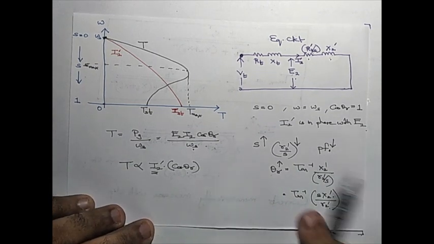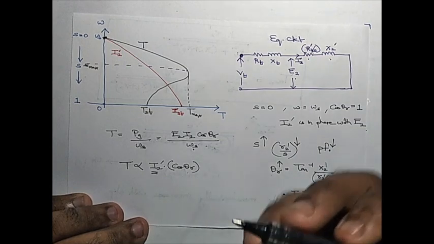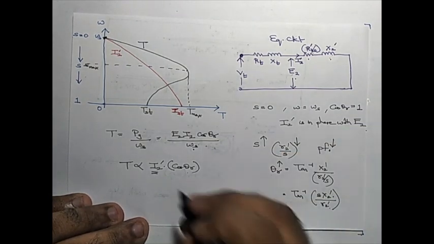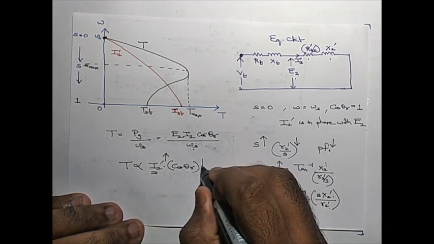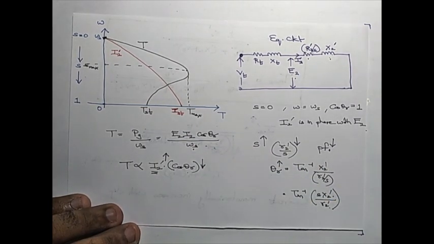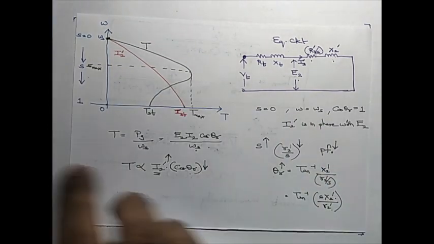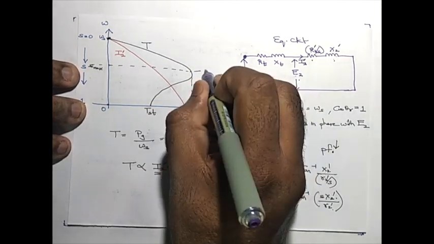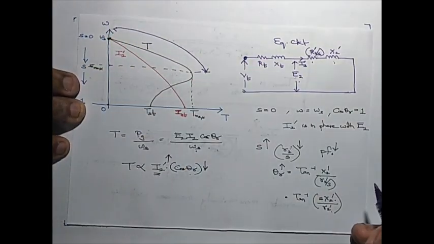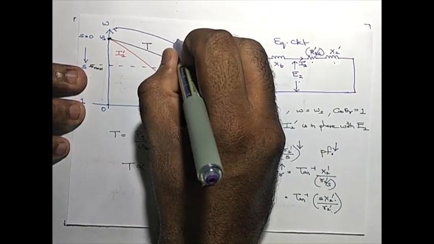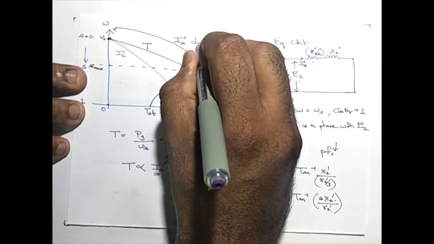Now we have two terms, a current which is monotonically increasing and a power factor which is monotonically decreasing. Now this results in an interesting observation. Till this part, the increase of I2 dash dominates.